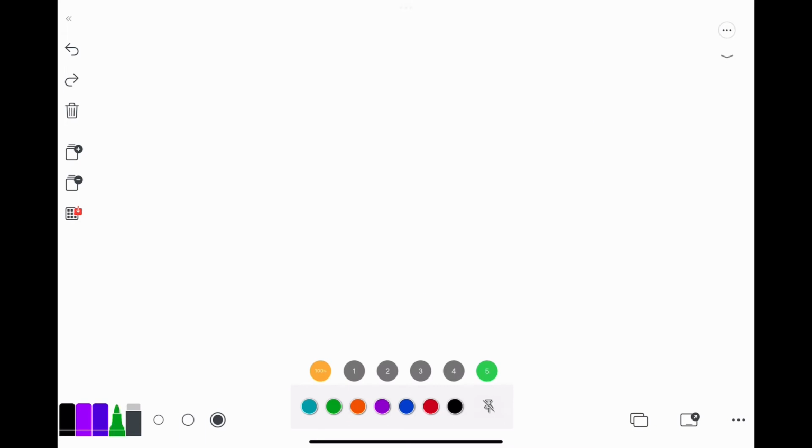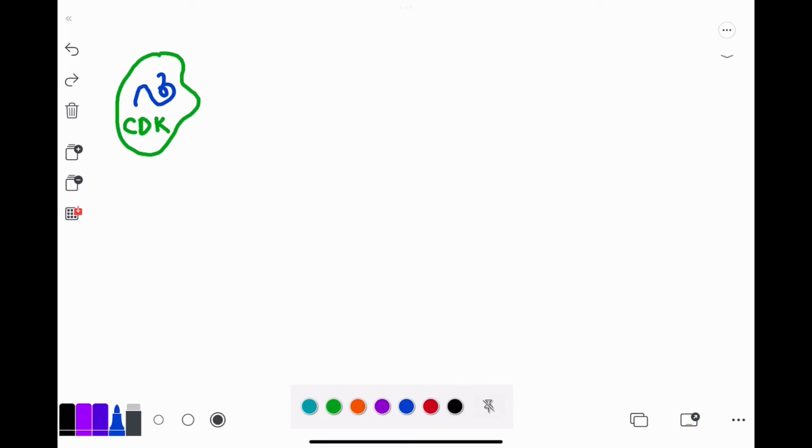Let us understand this part using a diagram. This is a CDK, a cyclin dependent kinase, and it has a loop within it. Now the cyclin that is present comes and binds and forms a complex with the CDK.